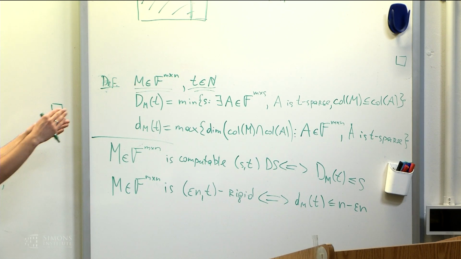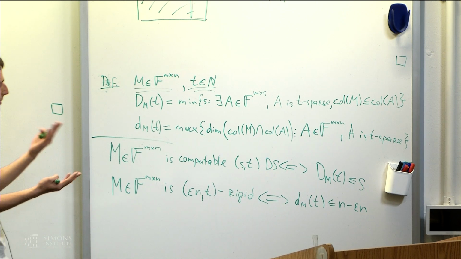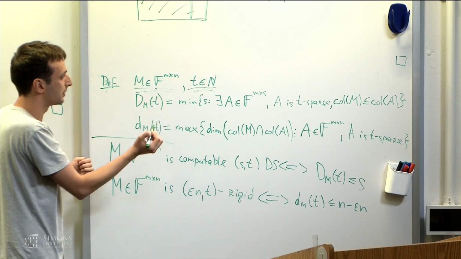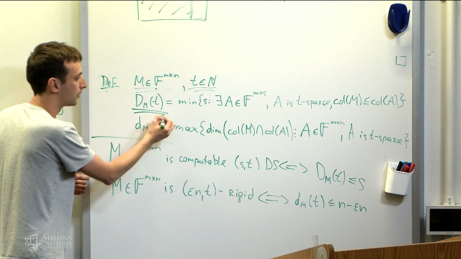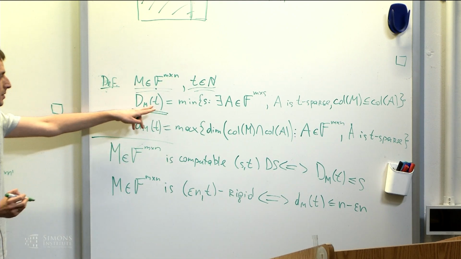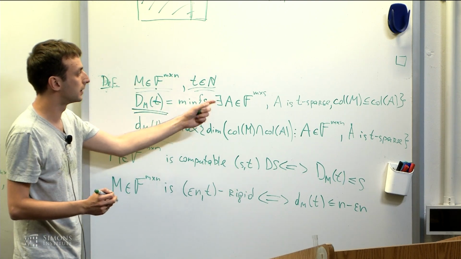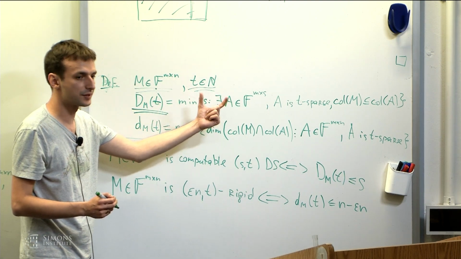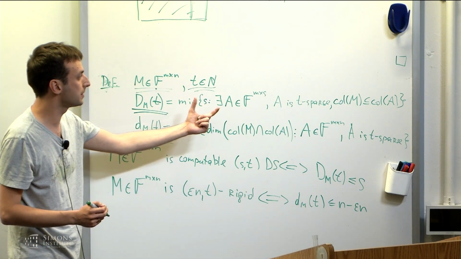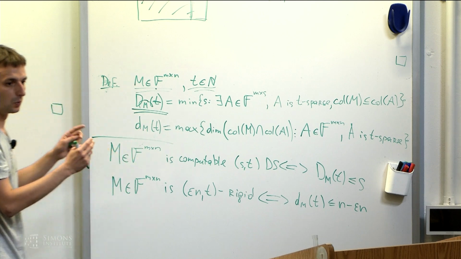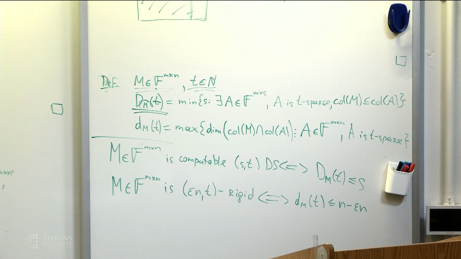They define it for columns, and we for some reason need it for rows, and it seems important here. So give me a matrix, then the outer dimension of this matrix for this sparsity parameter t is the minimum width of a sparse matrix whose column space contains the column space of your matrix. What's the smallest width of a sparse matrix which contains your matrix?